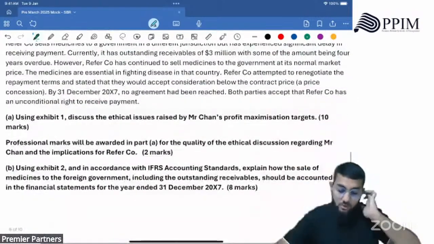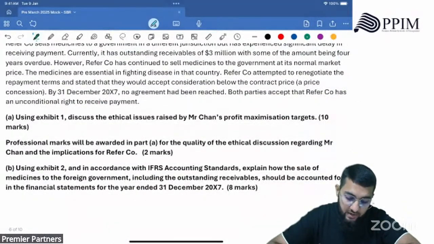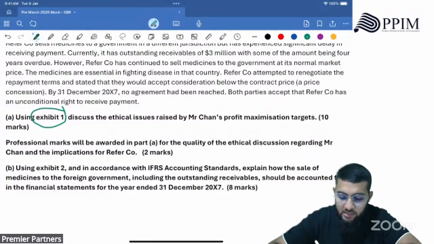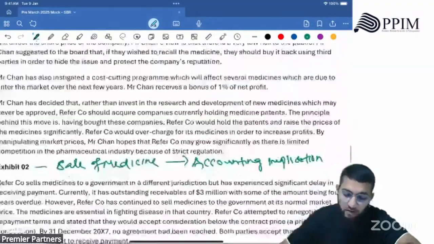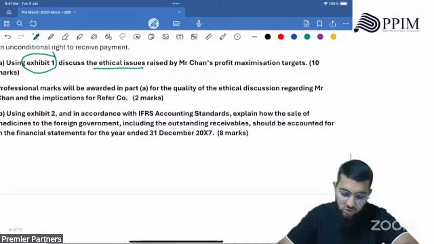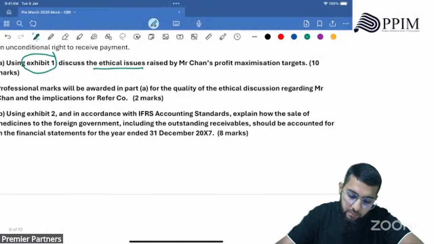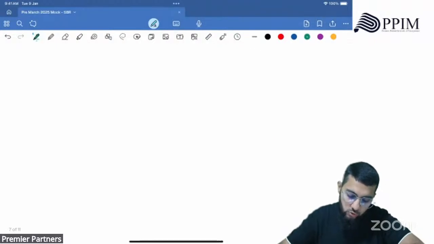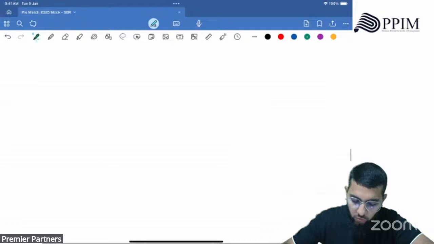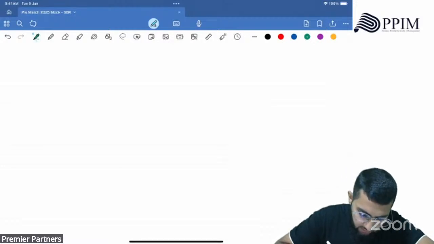Right? So requirement A says using exhibit 1. So you use only exhibit 1. Don't use exhibit 2 to answer this. Discuss the ethical issues raised by Mr. Chan's profit maximization targets. Whenever you are to read and to understand an ethical issue, you always should be able to recall all the ethical codes of conduct that we are supposed to follow and are bound by, right?